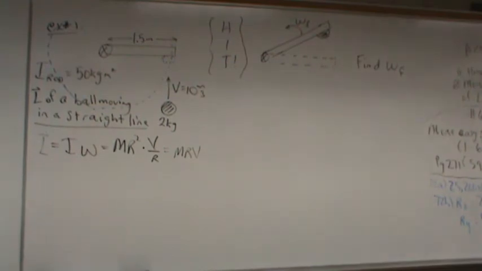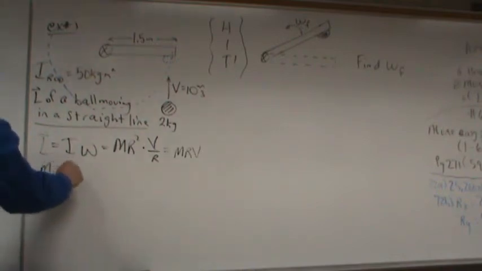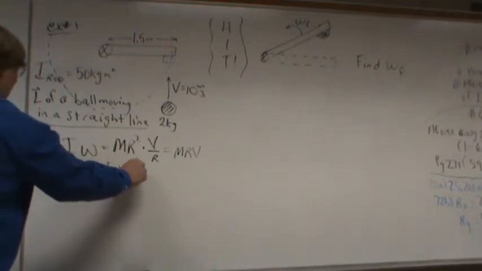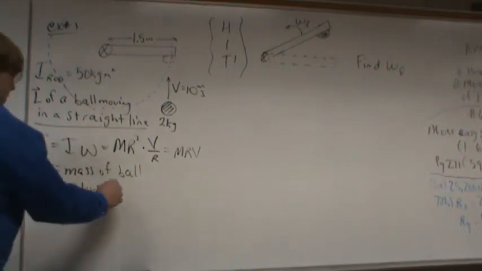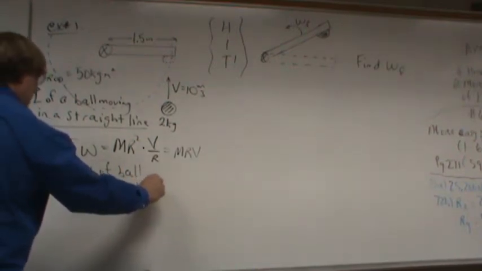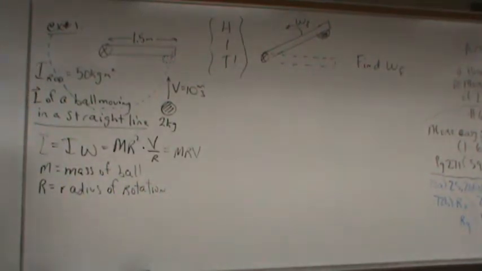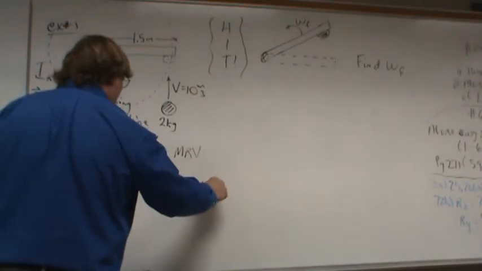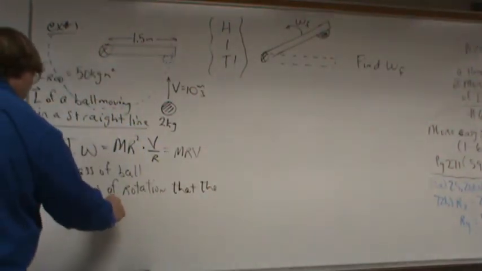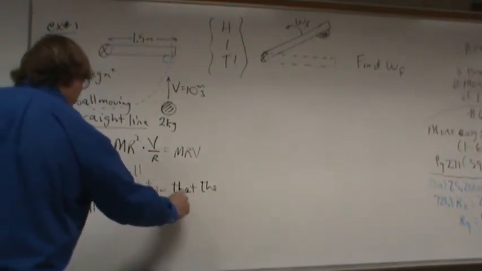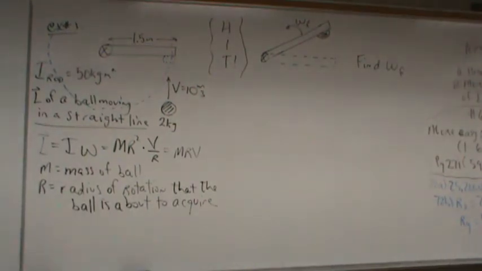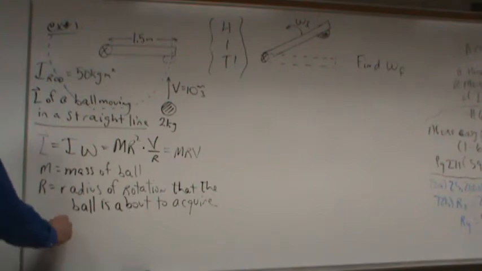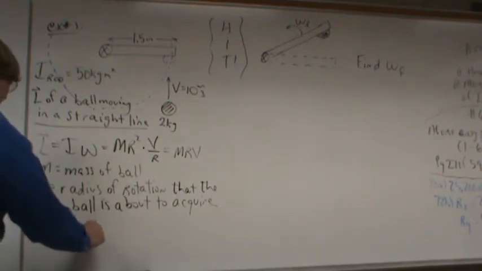That's the angular momentum of an object moving in straight line motion, where m equals the mass of the ball, r is the radius of the rotation that the ball is about to acquire, which is weird, and v is the linear velocity of the ball.